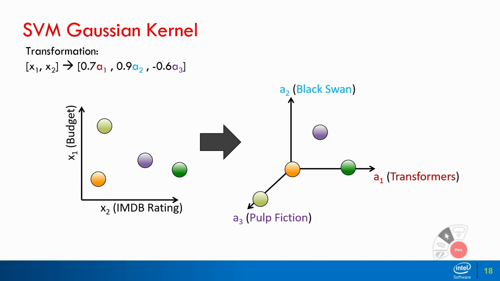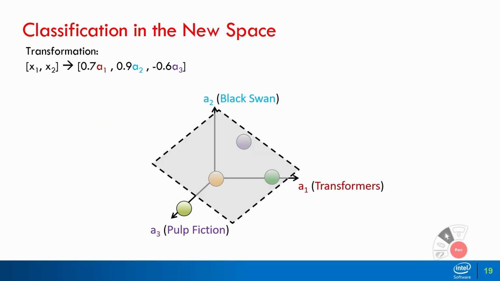In this way, we map the data in 2 dimensions into 3 dimensions by creating 3 new numbers using these 3 Gaussian distances. We call this method the Gaussian kernel. And now we can find a linear plane that classifies movies nicely. It is easier to classify data in a new, higher dimensional space.